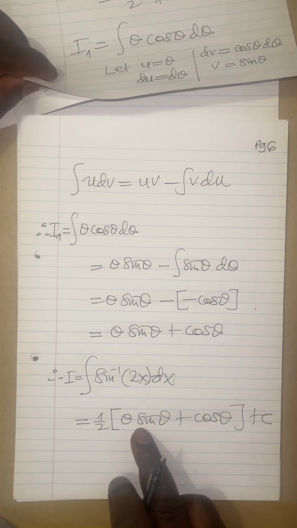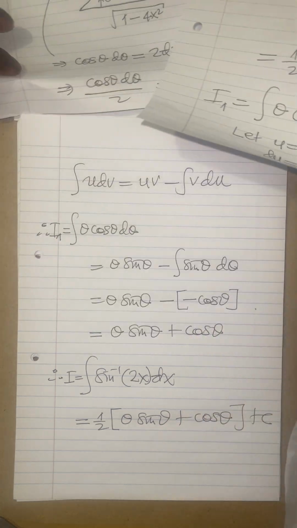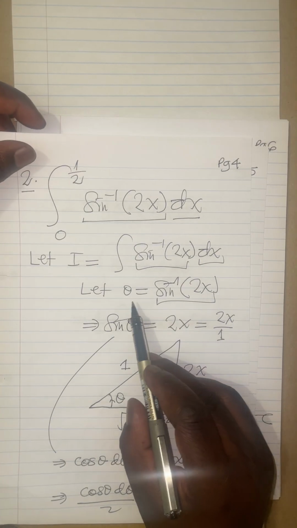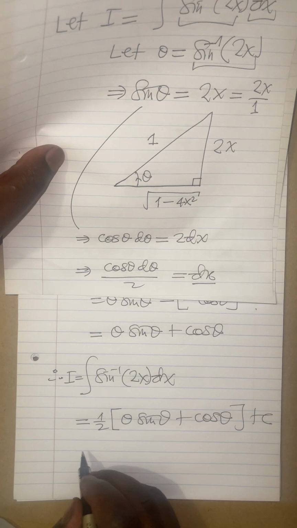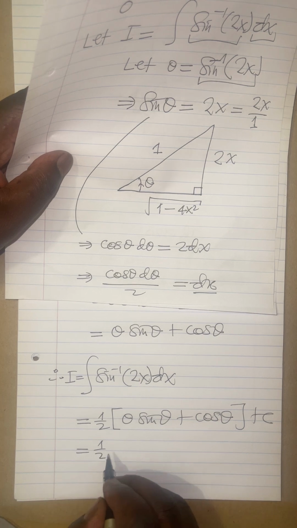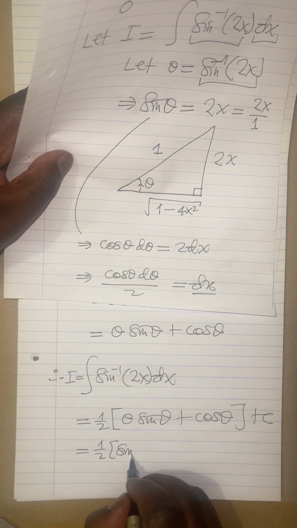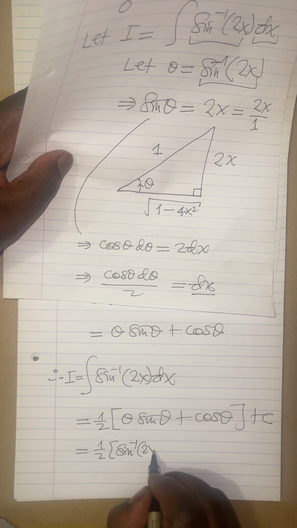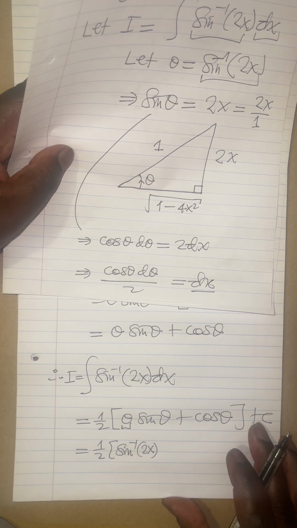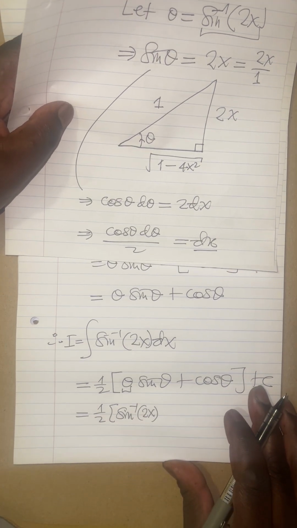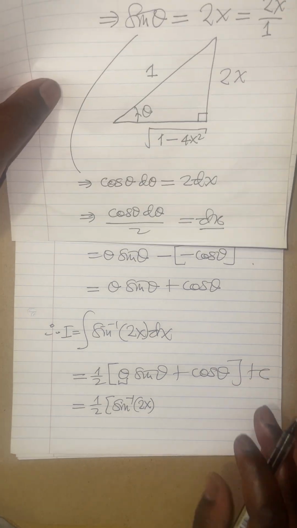So we are going to look for the relationship between x and theta, and we get it on page 4. Here we go. So theta is sine inverse, or inverse sine, of 2x. So this is going to be half, we are saying inverse sine of 2x. So that is our theta. What is sine theta? I hope you can see what I'm writing. Yeah, let me move it up a little bit. What is sine theta?